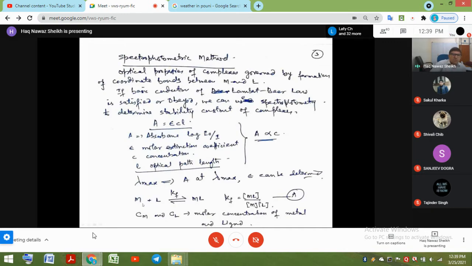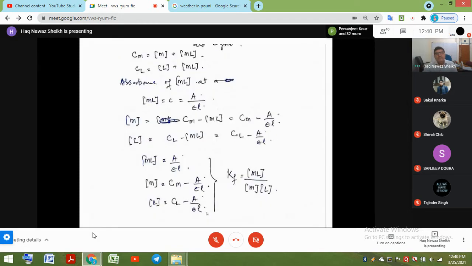So let's come to the complex formation. You have a simple form, M plus L giving ML, with the equilibrium constant, or call it the stability constant. It's again given like this in the simple situation. Cm and Cl are the molar concentrations of the metal and ligand that you have added at the start, not at the equilibrium. At the start, you have added 2 moles of the ligand and 2 moles of the metal.